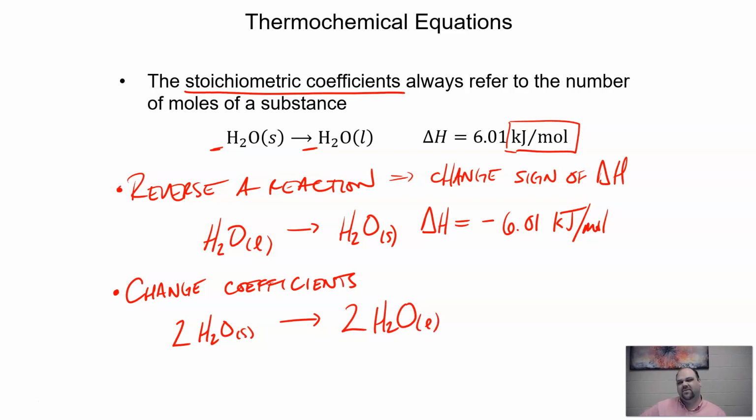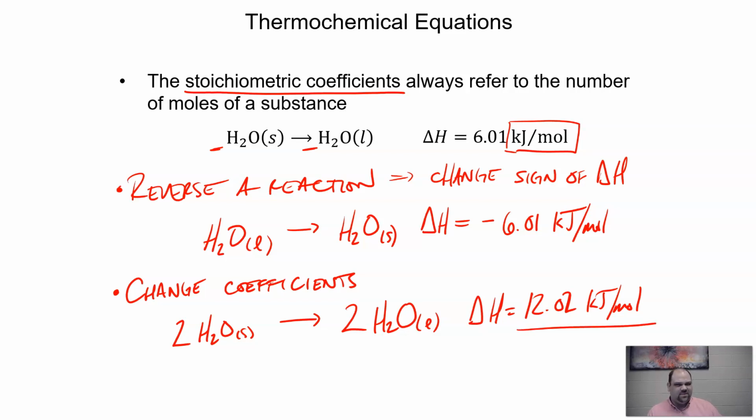Well, if it was 6.01 kilojoules for 1 mole, how many kilojoules must it be for 2 moles? Well, it's going to be 12.02 kilojoules per mole. Now, the thing to keep in mind here, and the thing that, going back up to this first bullet point, 12.02 kilojoules per mole.